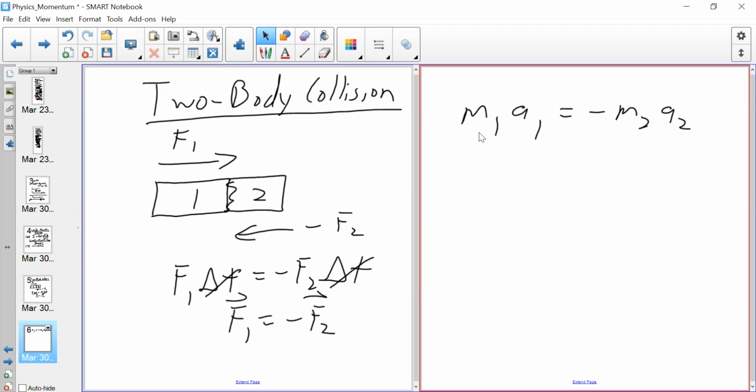Force 1 is going to be equal and opposite of force 2. So this is F1, and this is F2.